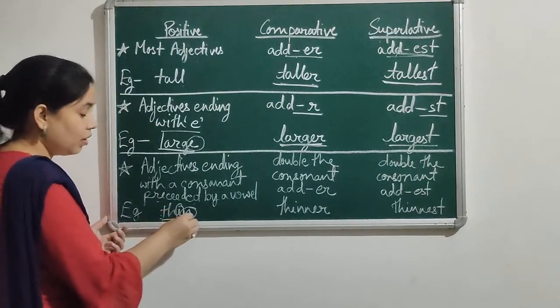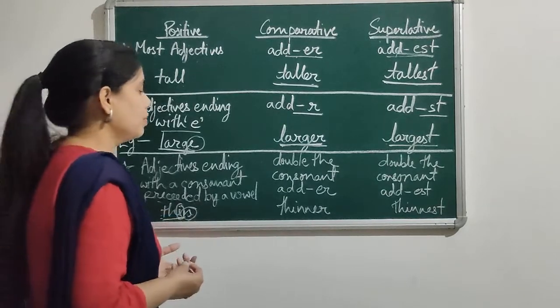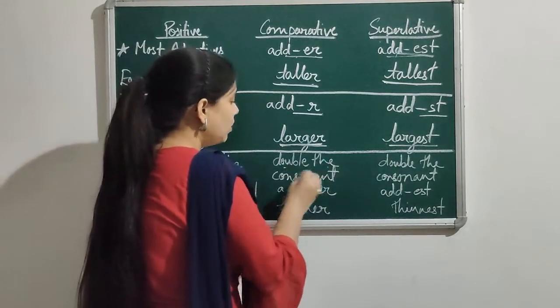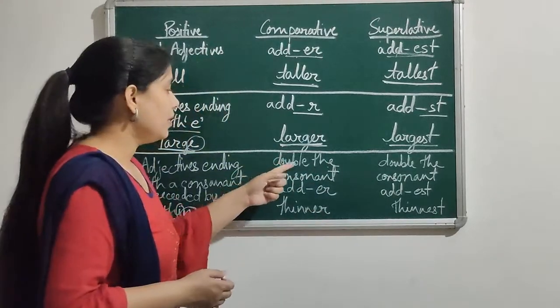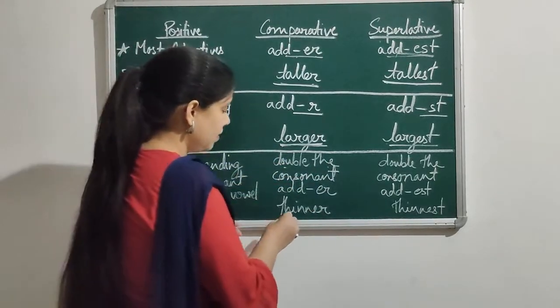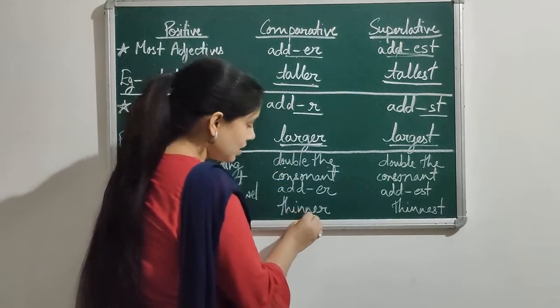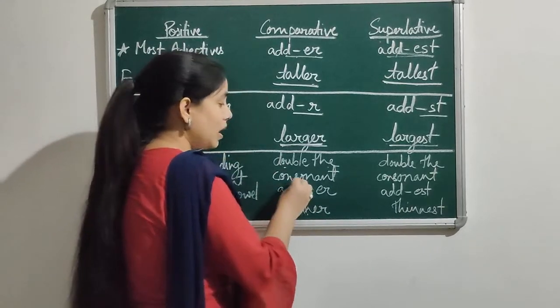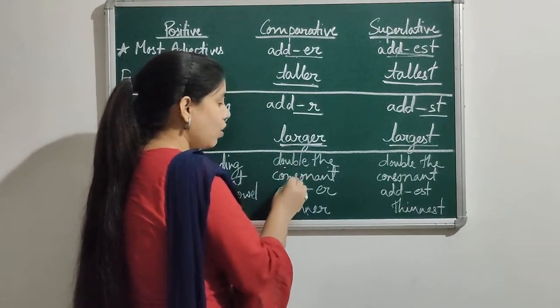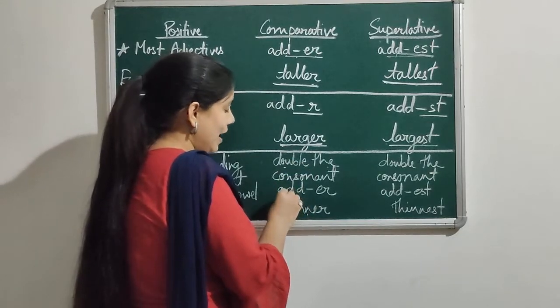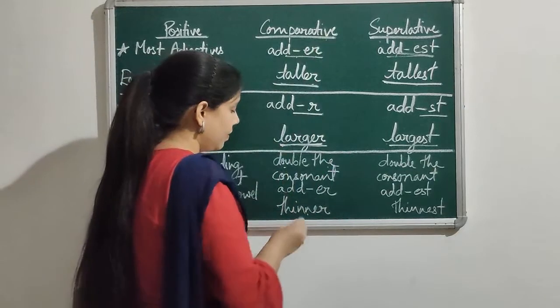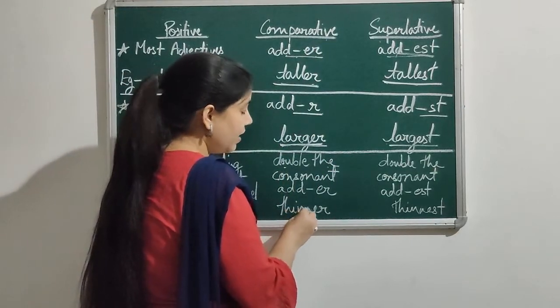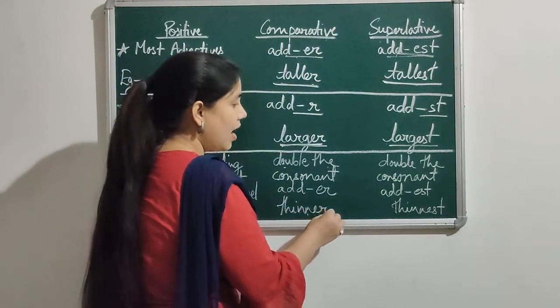In this kind of condition, what we will do? We will double the consonant. What is being said? We will double the consonant, like T-H-I-N-N. After making the consonant double, we will add ER to form the comparative degree, like T-H-I-N-N-E-R.